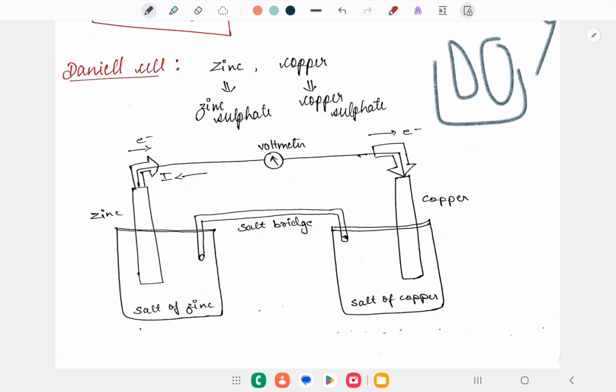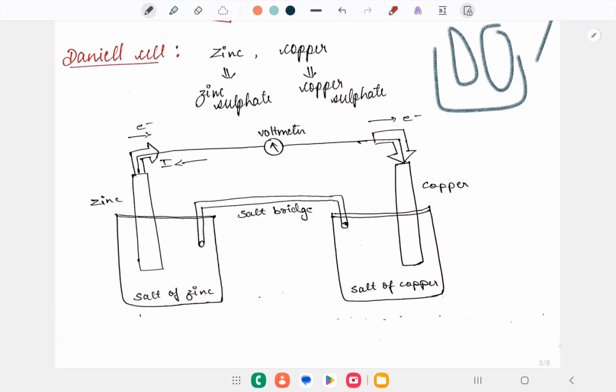Now we will see the half cell reactions. Here we can understand that this is negative and this is positive. That means this functions as the oxidation half cell while this functions as the reduction half cell. This is the anode and this is the cathode, and therefore electrons will flow from here, that is, it will release the electrons while this will receive the electrons.